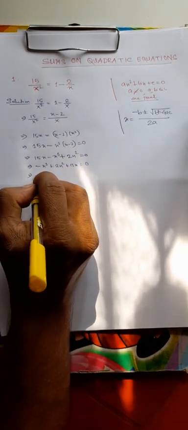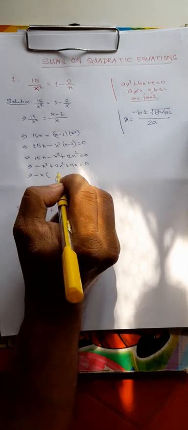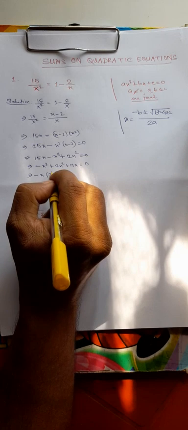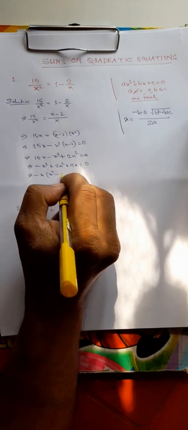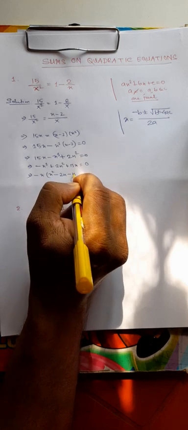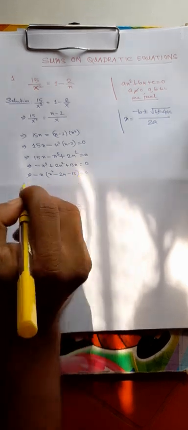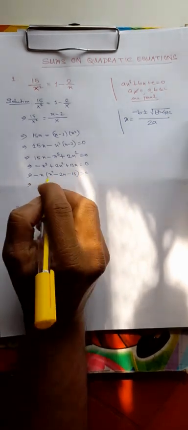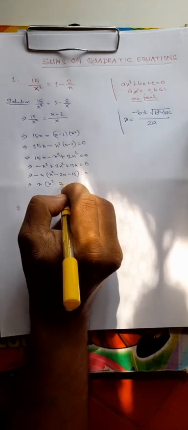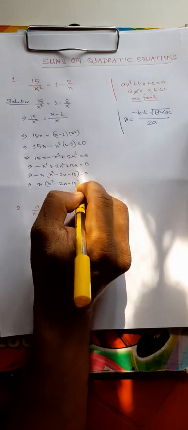Now you can take x common. X is a factor of everyone, so you can write it as x into x square minus twice x minus 15 equal to 0. Multiplying both sides by minus 1, you will get x into x square minus twice x minus 15 equal to 0.